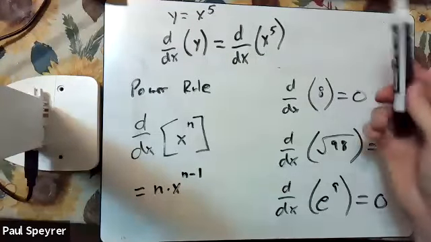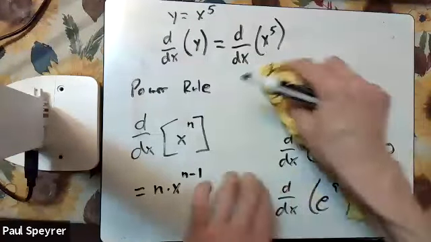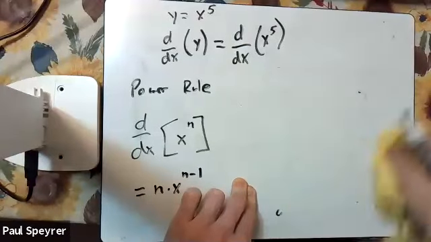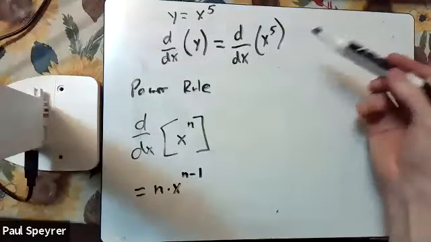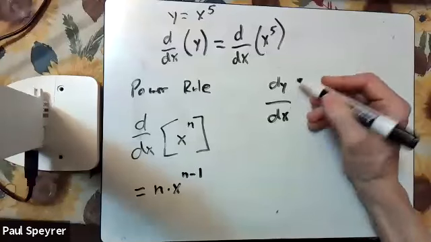Well, what's your n in this case? If we look at the power rule, just following this, n's 5. So we get dy/dx. This also signifies first derivative as well. The derivative of y with respect to x. That's how we look at that.